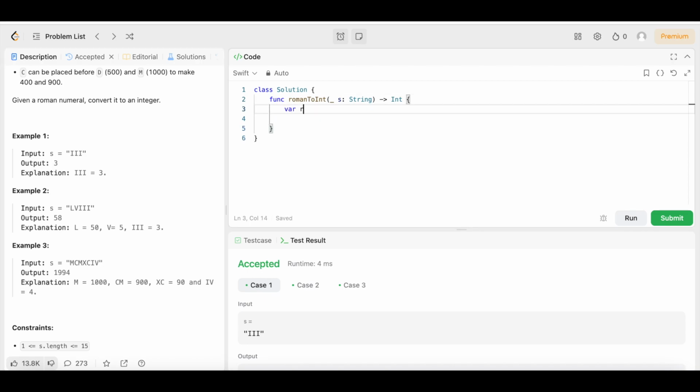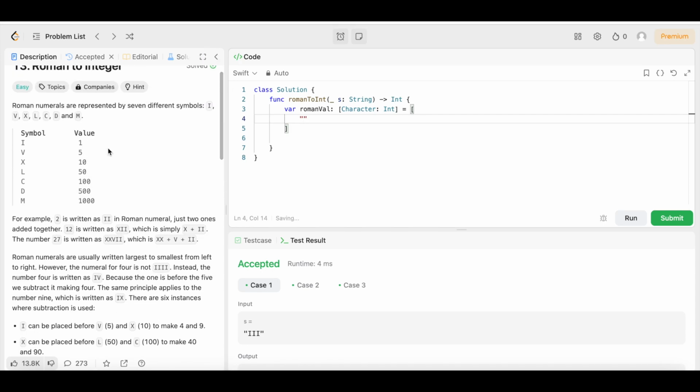First thing we're going to need is a variable called Roman values, which is going to be a dictionary that has a character and an integer. We are going to initialize that by giving these characters some values.